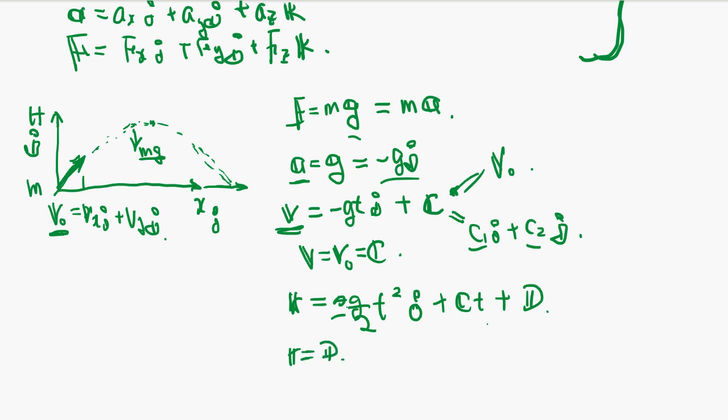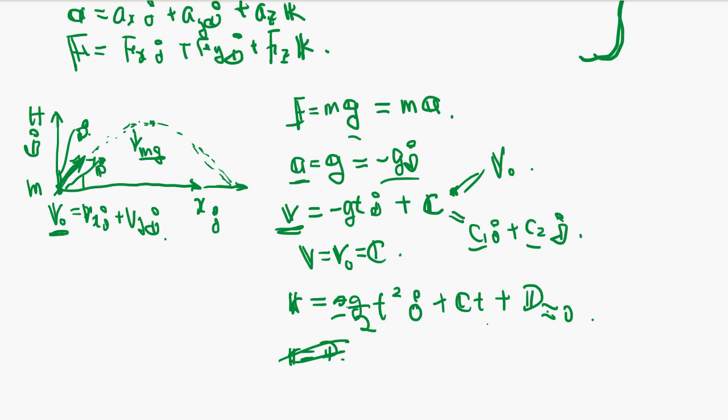So if you shoot from here or here, this is a d vector, whichever the initial location. We assume d is 0 in this case.